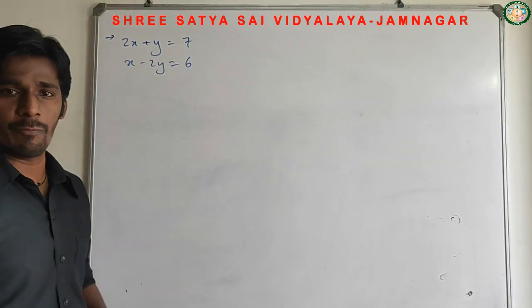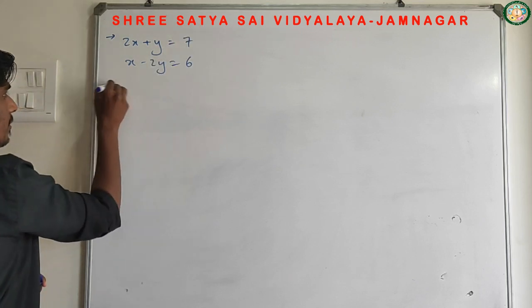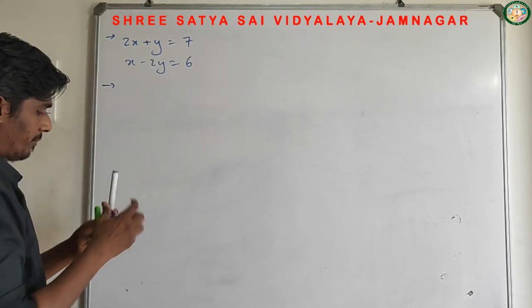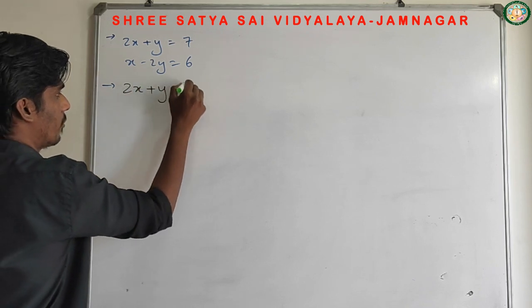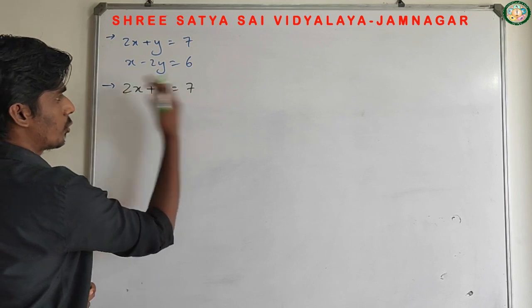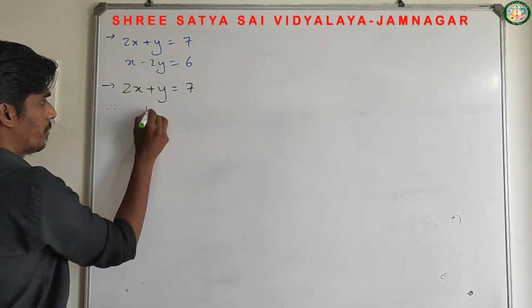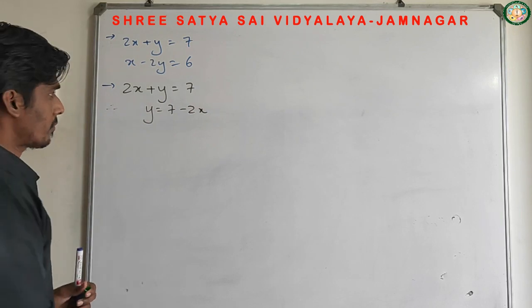Now to start with the graphical method, the first point is to take the first equation. 2x plus y equals 7. Now I am going to take this 2x to the other side, so the equation becomes y equals 7 minus 2x.